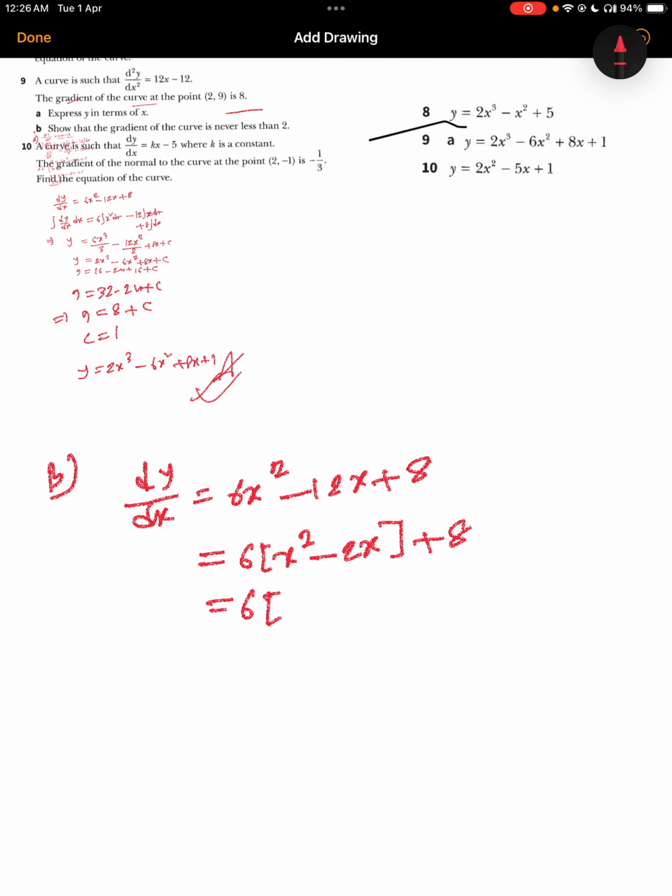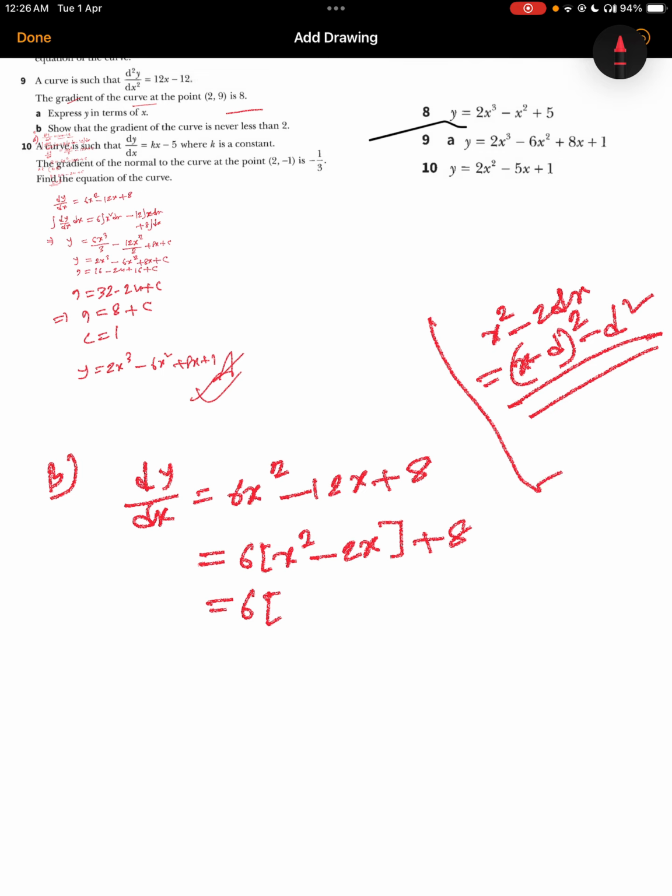The formula for completing the square: if something is like x squared minus 2dx, the value would be (x minus d) squared minus d squared. This is the formula, if you guys know it, you can do it. So here 2d is 2, so d is 1, so (x minus 1) squared minus 1 squared.